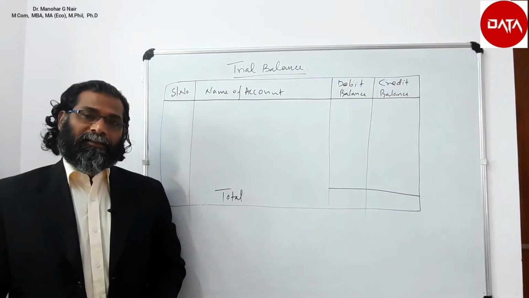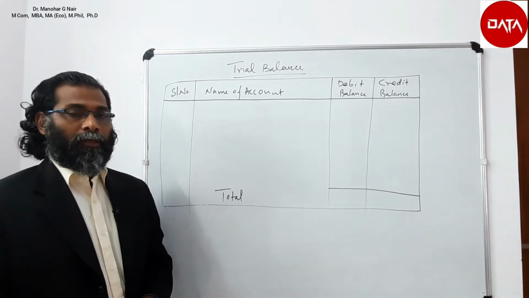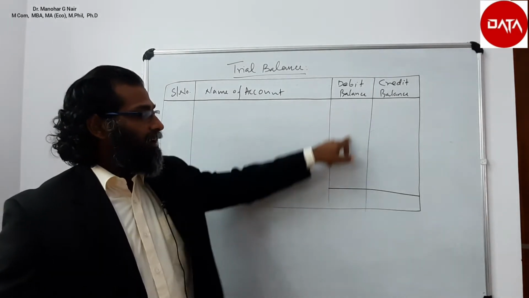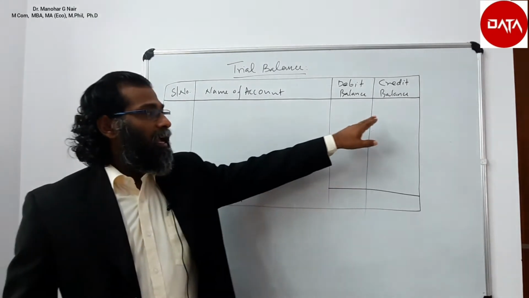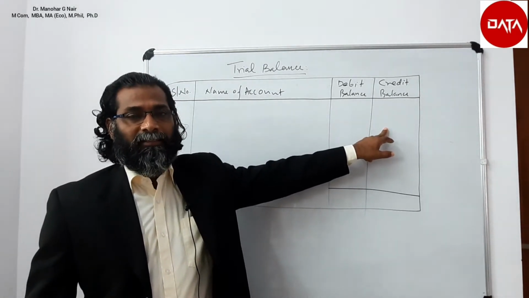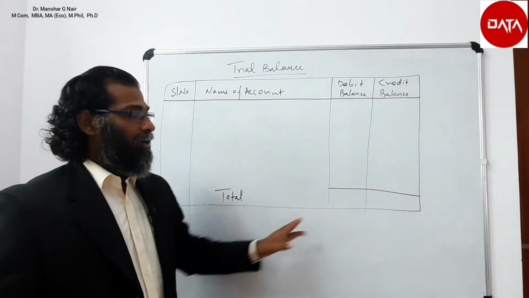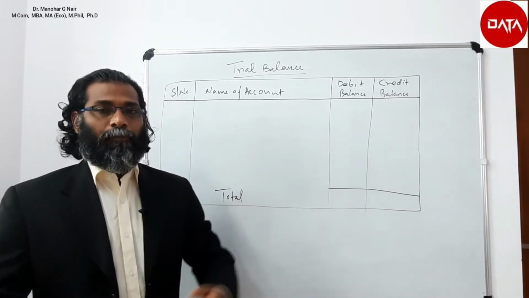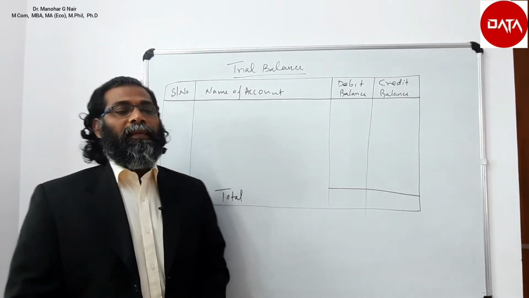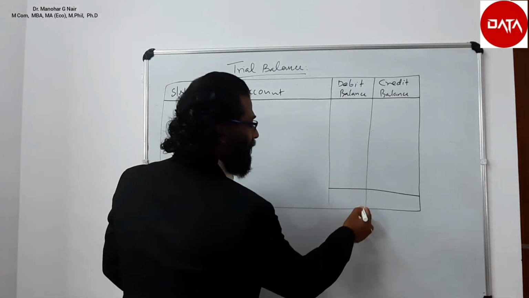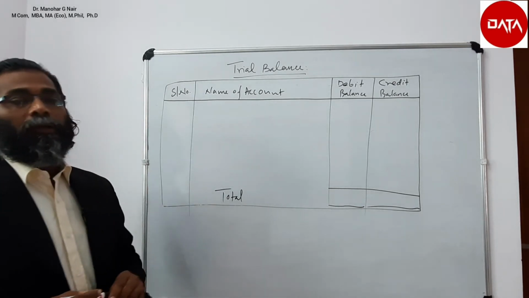So in the trial balance, the balances standing in the ledger accounts will be written here. All accounts showing debit balances have to be brought to the debit column, and whatever account shows a credit balance should be brought to the credit column. And while totaling it, it is not balancing, it is just totaling. When we total it, both the total columns will show the same amount.